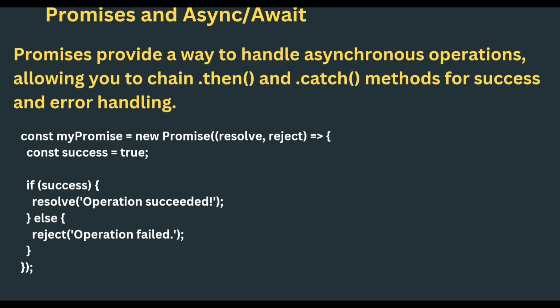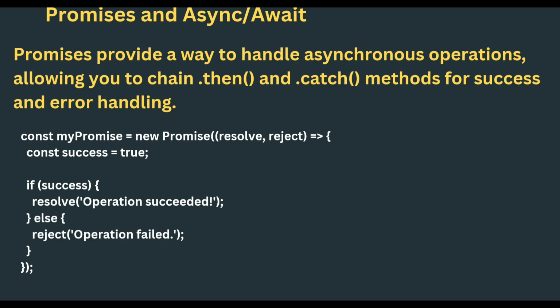Async await is syntactic sugar for working with promises. They help manage asynchronous code, making it easier to read and write. They prevent callback nesting and make asynchronous code look more like synchronous code, improving maintainability.